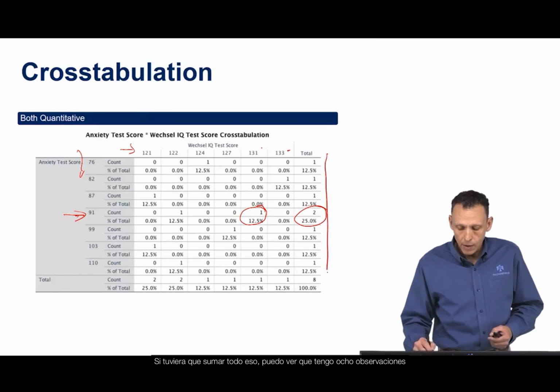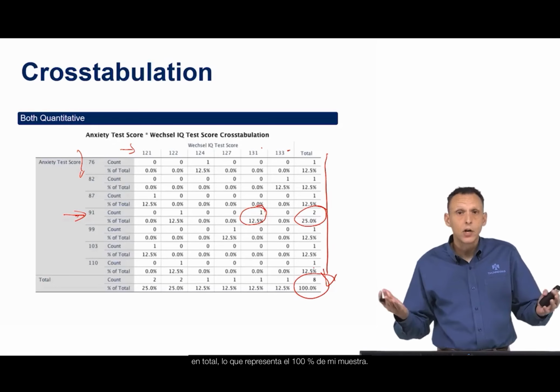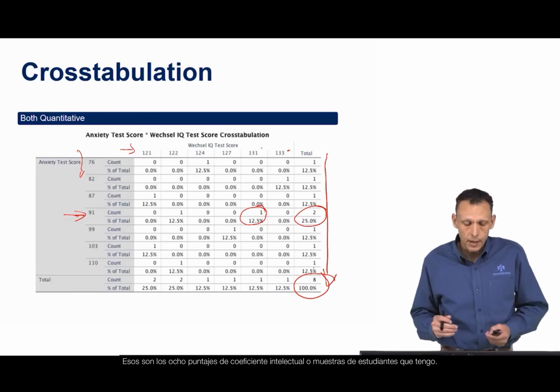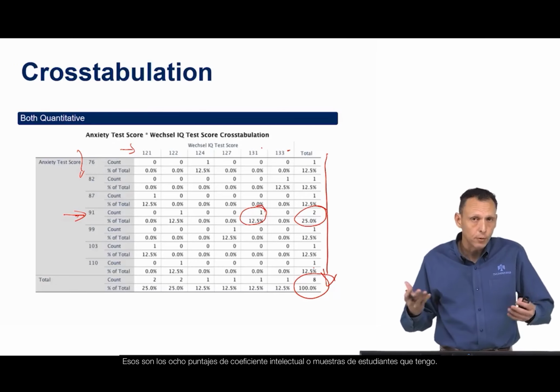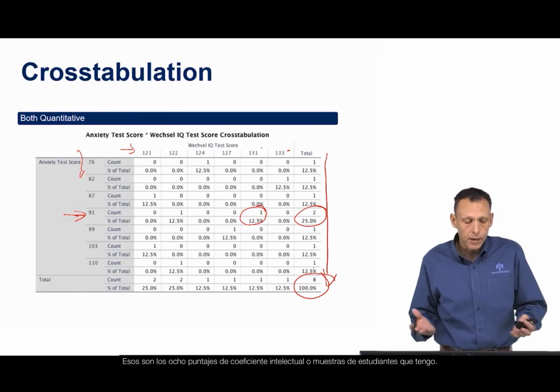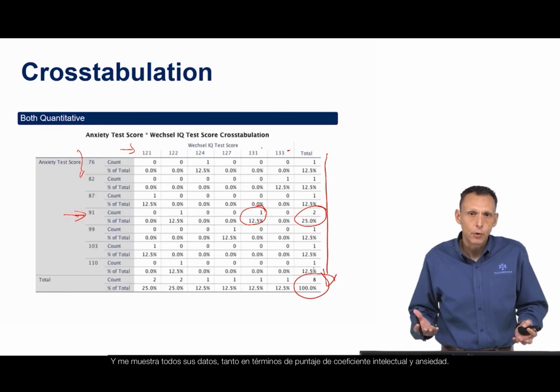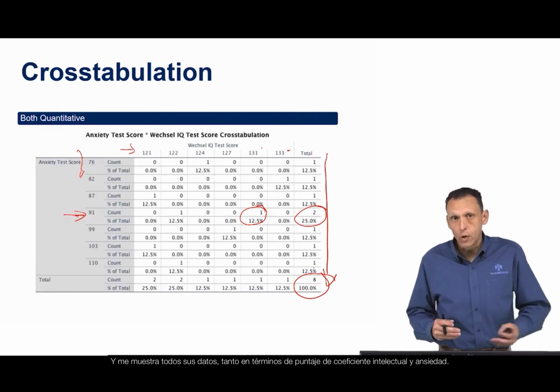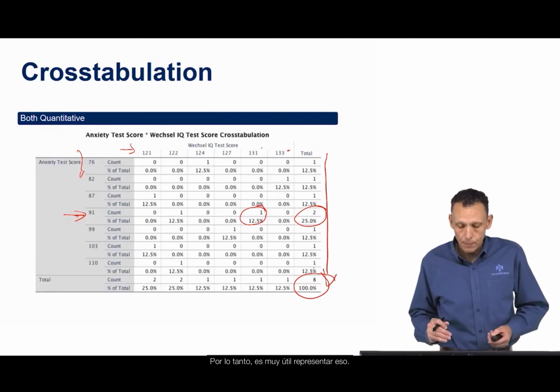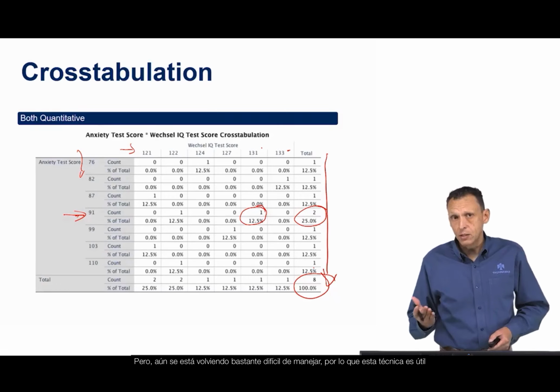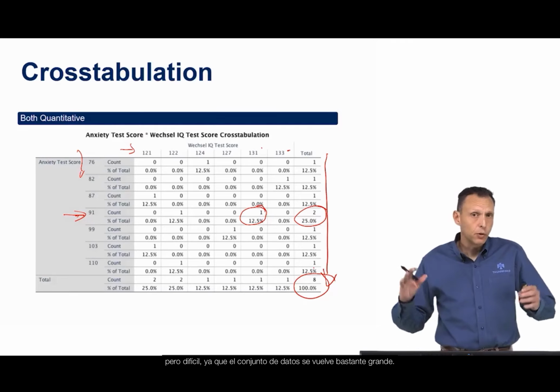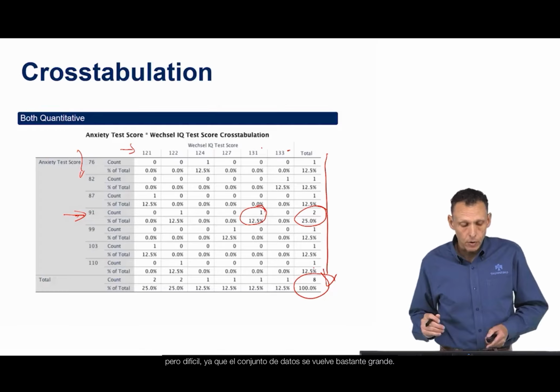If I were to add that all up, I can see I have 8 observations in total, representing 100% of my sample. Those are the 8 IQ scores or sample students that I have, and it shows me all of their data, both in terms of IQ score and anxiety. So it's very helpful to represent that. But you can see it's getting to be quite unwieldy, which is why this technique is useful but difficult as the data set gets rather large.